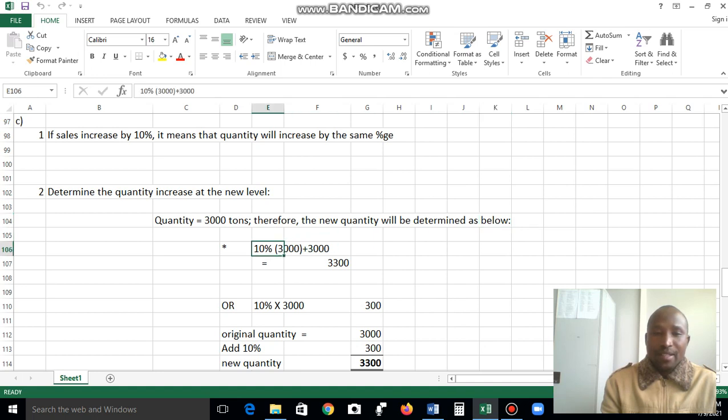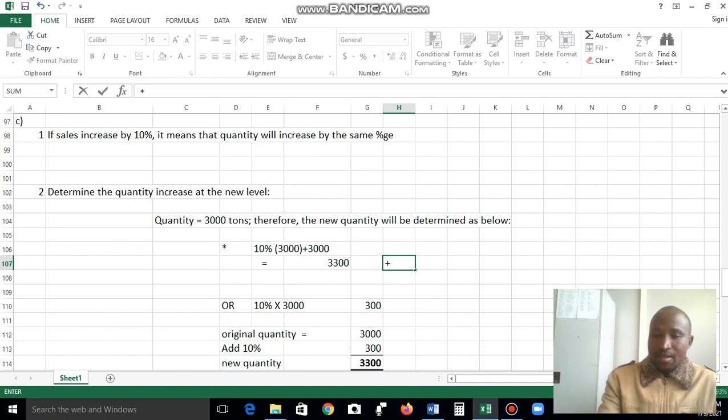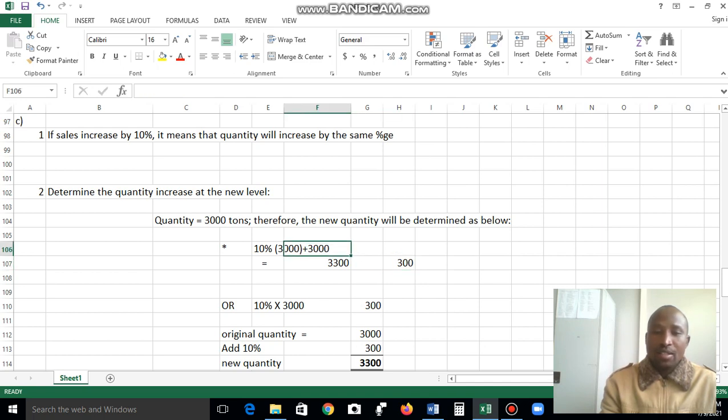So we shall say 10% into 3,000 tons, then plus 3,000. When you get 10% of 3,000, you get 300. That is 10 over 100 times 3,000, so this is 300, which you are going to add to 3,000.